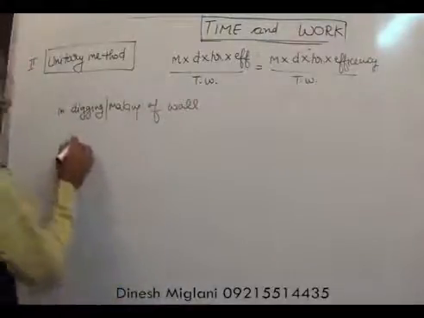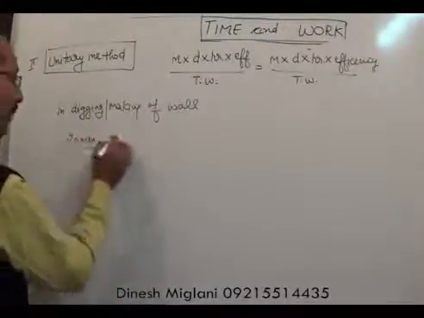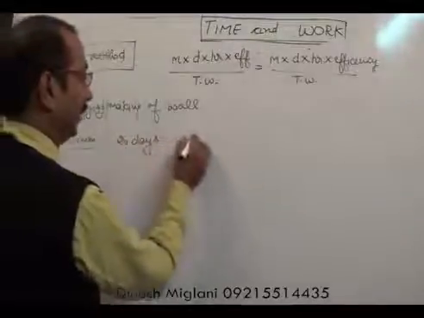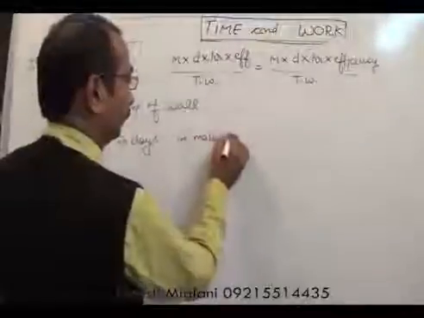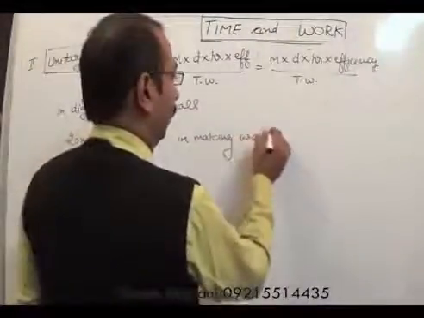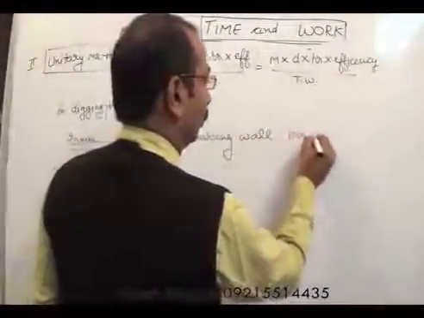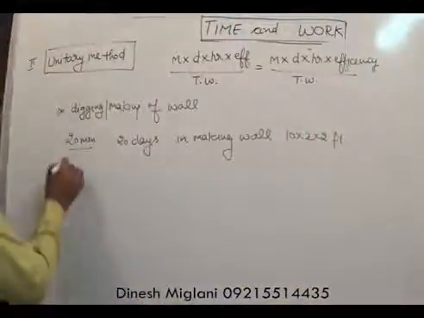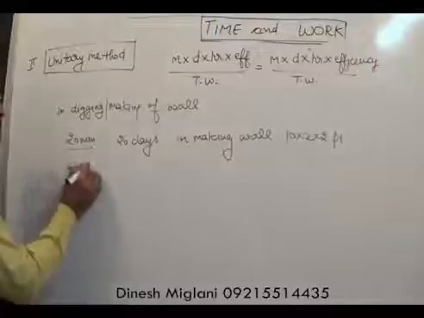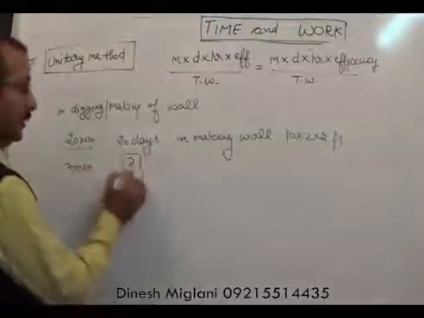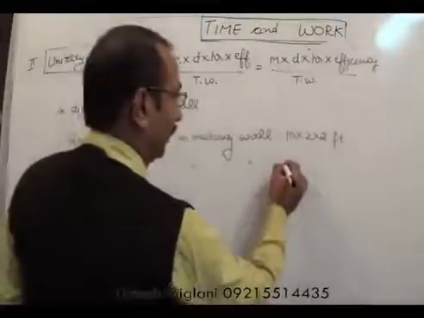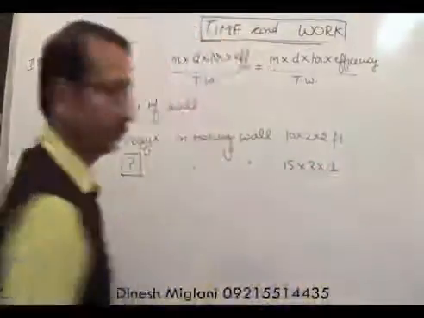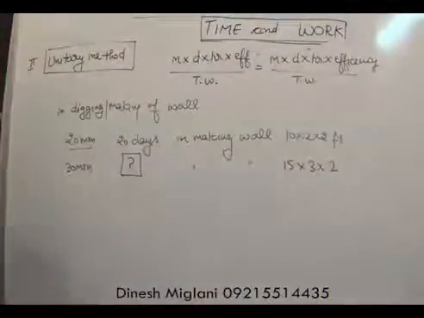Suppose 20 men will take 20 days in making a wall of dimension 10 cross 2 cross 2 feet. 30 men will take how many days in making a wall of dimension 15 cross 3 cross 2? I have to find my answer.